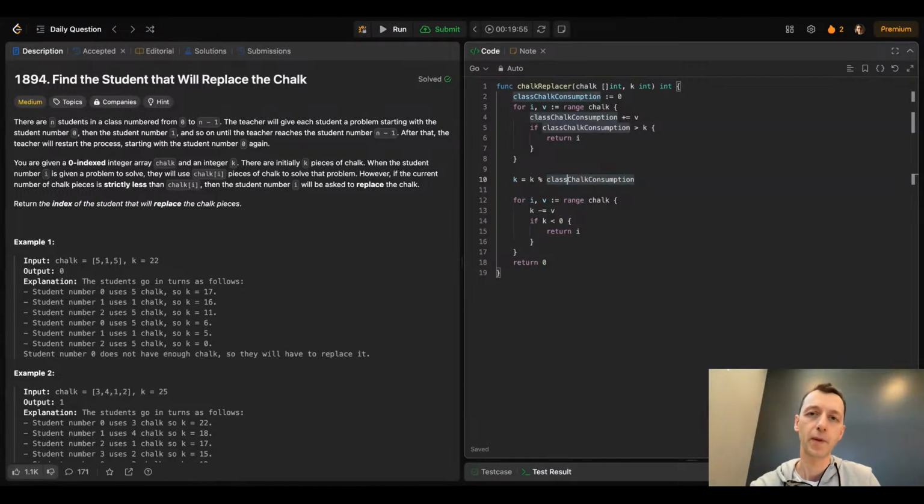But as for a working solution, that's it.